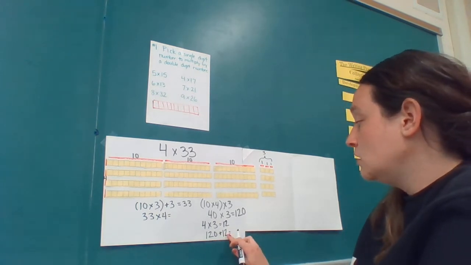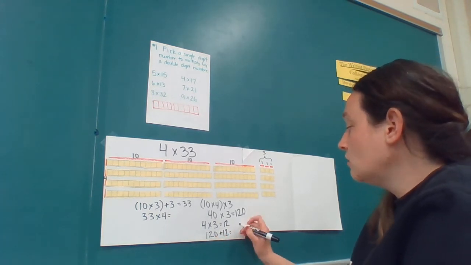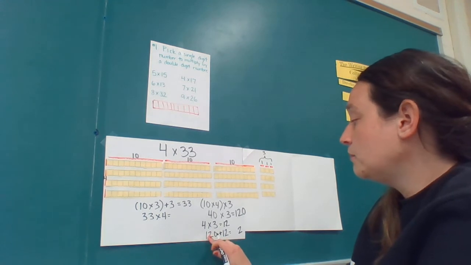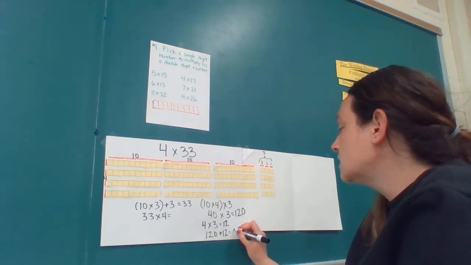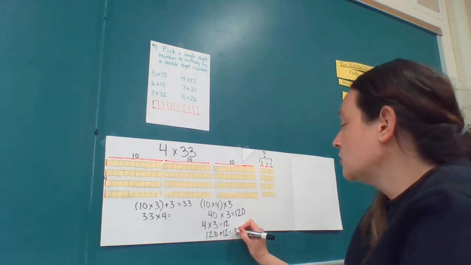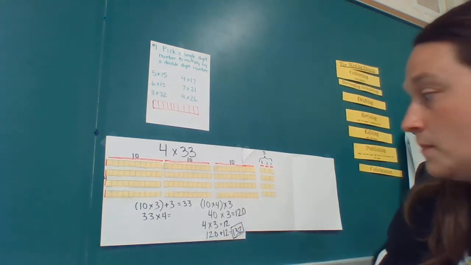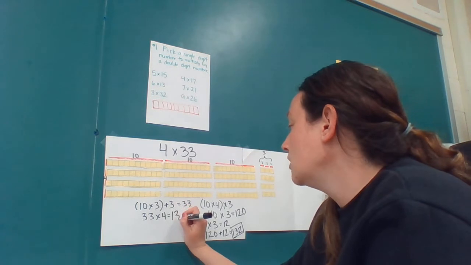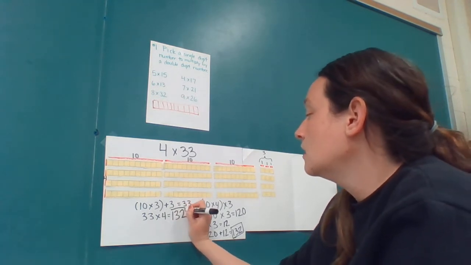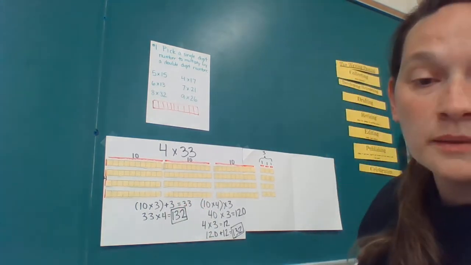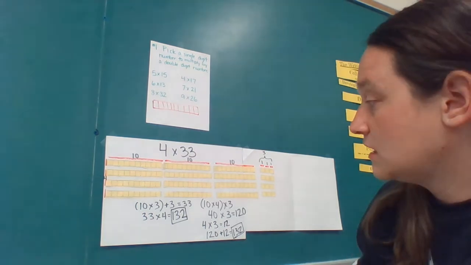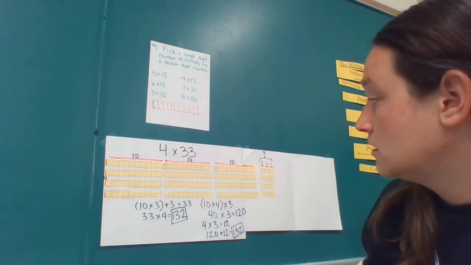So now I have 2 plus 0 is 2. 10 plus 20 is 30, and then my 100. So that is telling me that 133 is my answer. I solved it a couple different ways.